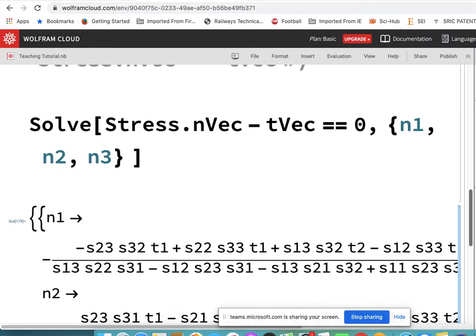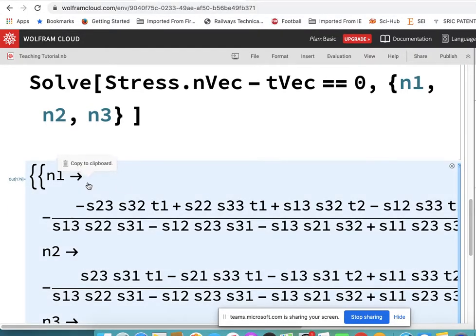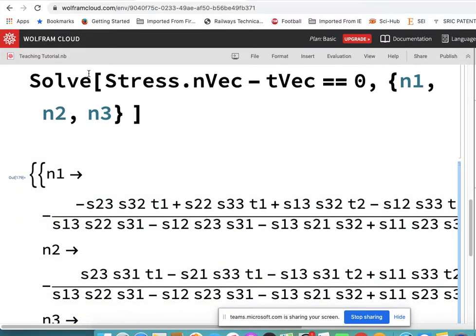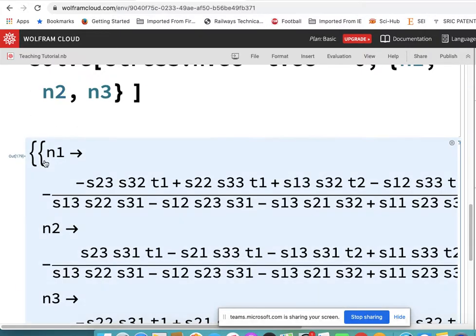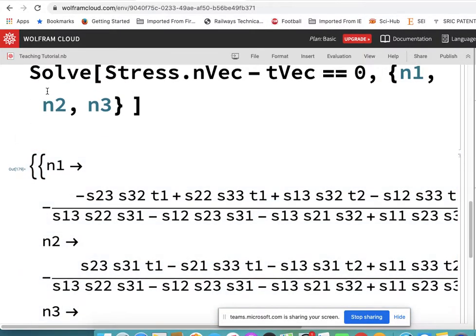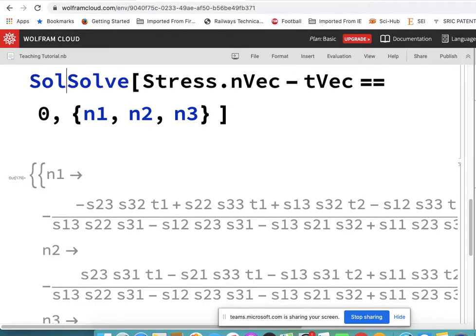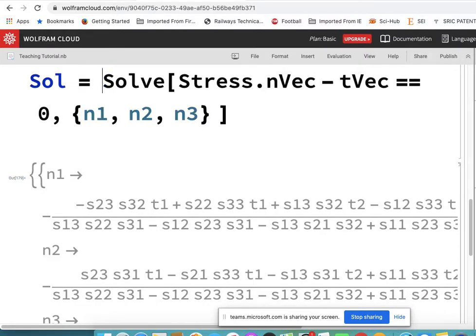Now after it has solved, it has given the solution in some matrix form. If I want to extract n1, n2, n3, what can I do? First, I will assign the output of this function to something called sol.